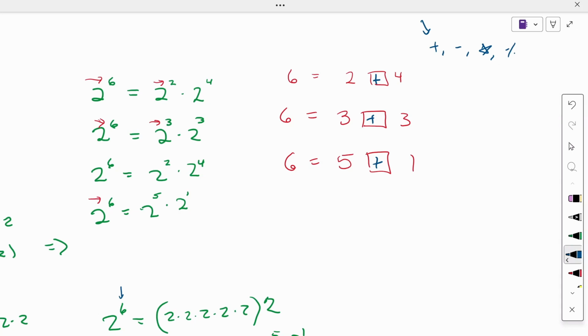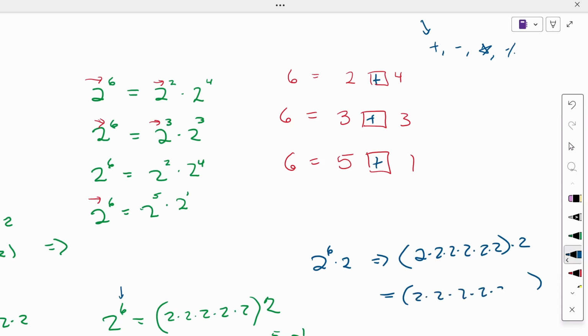So if, for example, you start with 2 to the 6, and you have another 2 that you multiply 2 to the 6 by, well, you've got a sequence of 2's that represents 2 to the 6, and I'm multiplying by a new 2. And of course, by the associative law, we could have just multiplied all of these together.